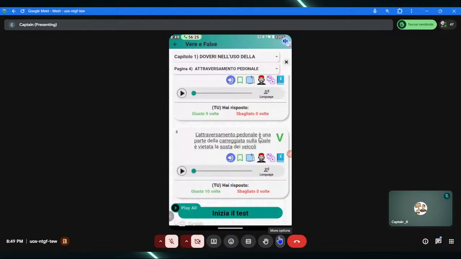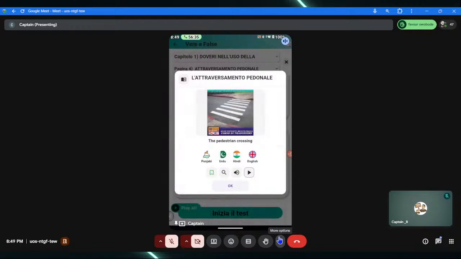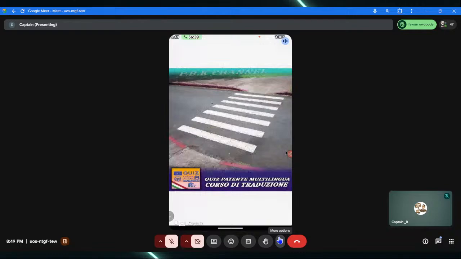Now, he said the attraversamento pedonale, meaning the pedestrian crossing path, this one here, is a place where it is forbidden to park vehicles. So vehicles cannot park on top of it. That's what he's saying.